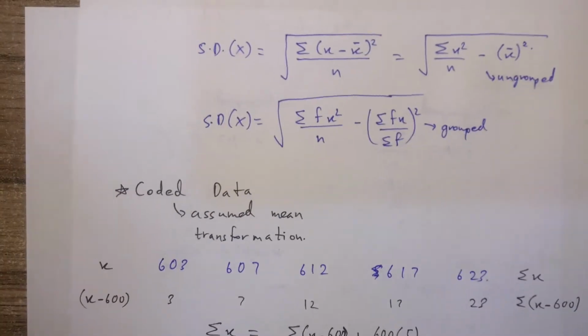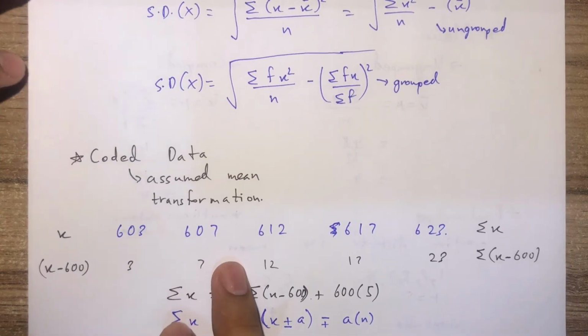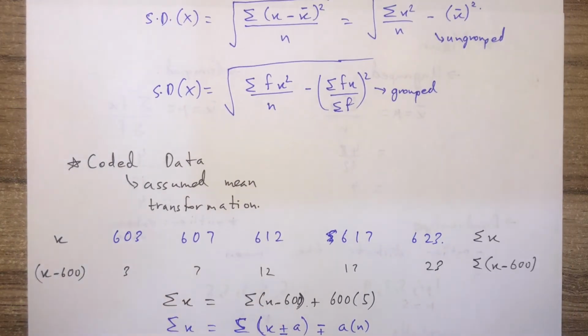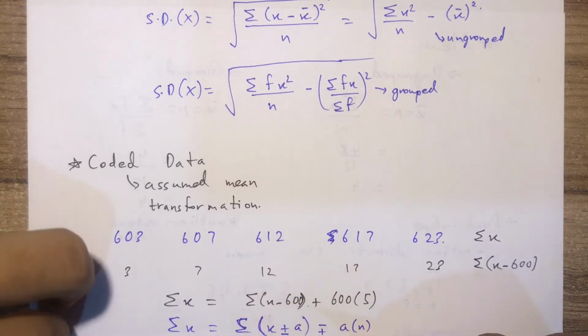Now one more thing to note is that basically standard deviation is the spread of the data, right? So even if, in both of these datas, the spread of the data remains same. The data values change, but the spread of the data doesn't change, right? So mean will change, but the standard deviation stays same, right?